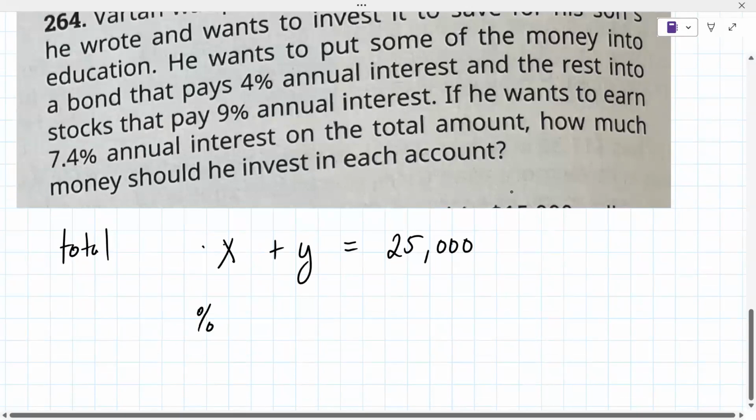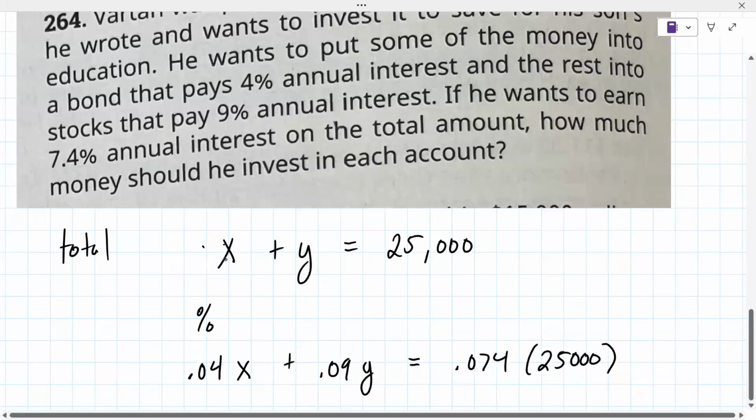So in this case, it's 4%, but you convert that to decimal. He's getting a 4% return on the first investment plus a 9% return on the second, and you want a 7.4% return on the total. And these are always percentage times amount plus percentage times amount. It is another mixture problem.